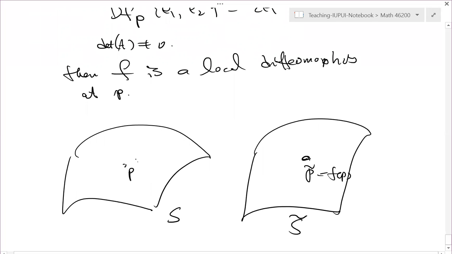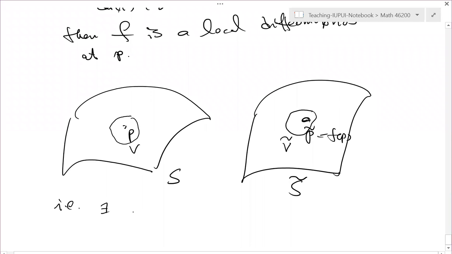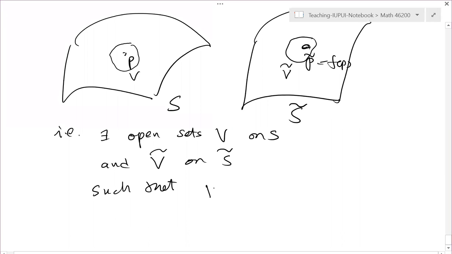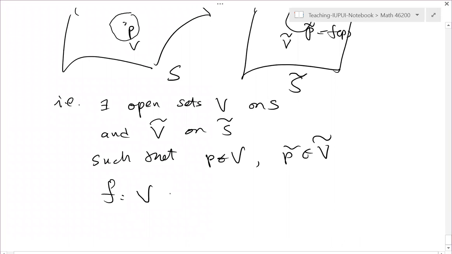So that means there exist open sets V in S and V tilde in S tilde, of course containing the point p, such that f from V to V tilde is a diffeomorphism.